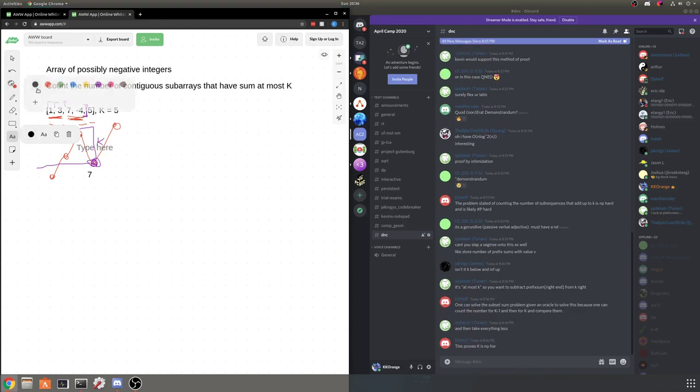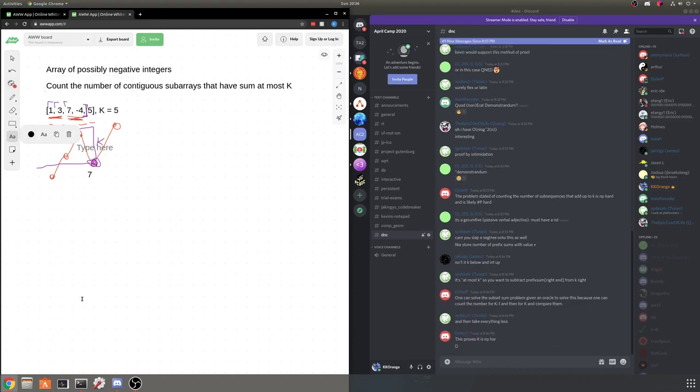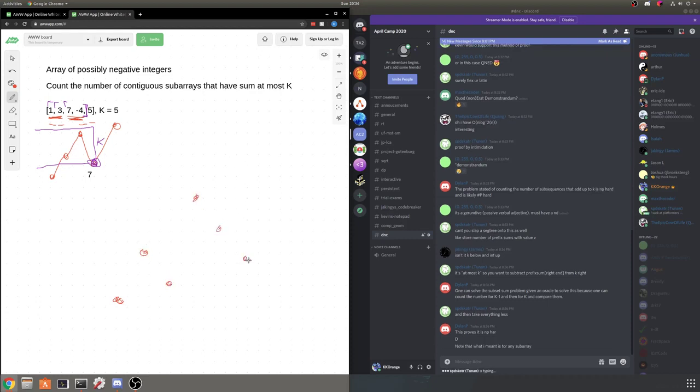Okay, let me redraw this because I'm just confusing myself. So, every time. Okay, I guess the lines don't really matter, but what matters is kind of the points. So here's the value of your prefix sum over time as you go to the right in your array. And let's say that we're considering this point right here.